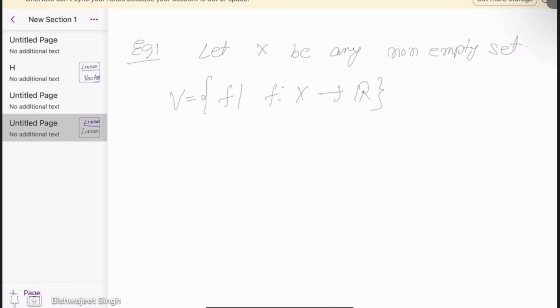So this V is a collection of functions. The elements of V are not real numbers, but the elements of V are actually functions.